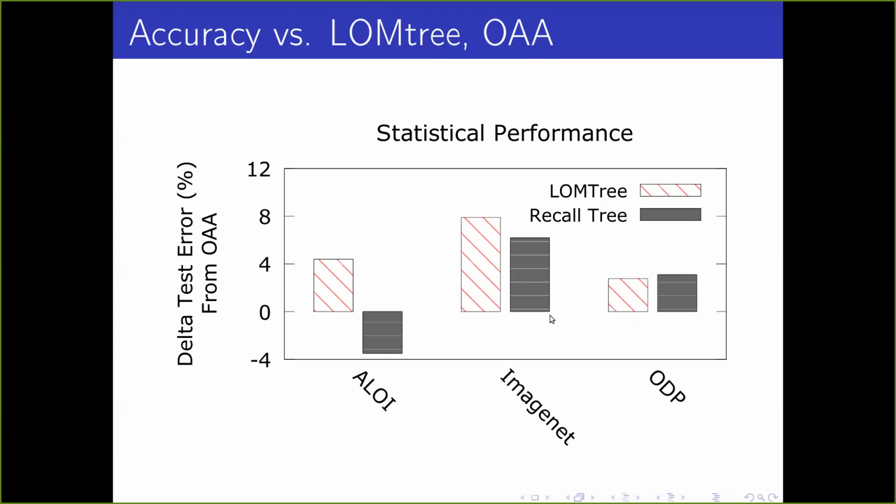So for these larger data sets, there's still some gap between what we can achieve with the one against all representation, which is the standard, and what we can achieve with a logarithmic time representation. I haven't shown you the computational time graphs, but it is really the case that you do predict in logarithmic time with these algorithms. I think ODP is about 100,000 classes, and it makes a big difference what you use.